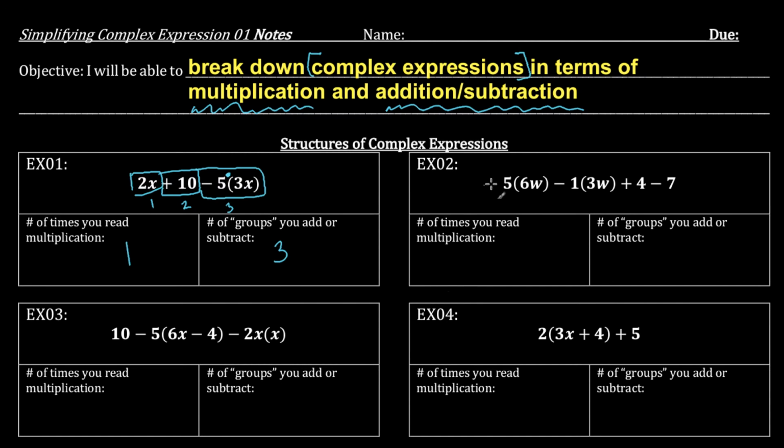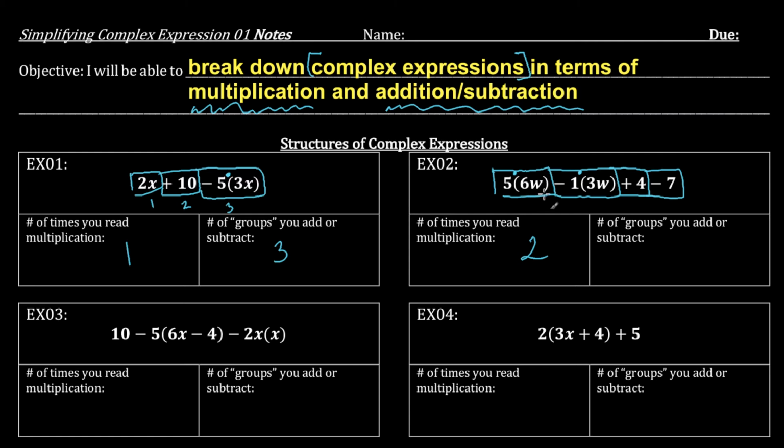In example number 2, it says 5 times 6w minus 1 times 3w plus 4 minus 7. I said times twice. So I start with 5 and I multiply it by 6w, and then I take away 1 times 3w, and then I add 4, and then I take away 7.